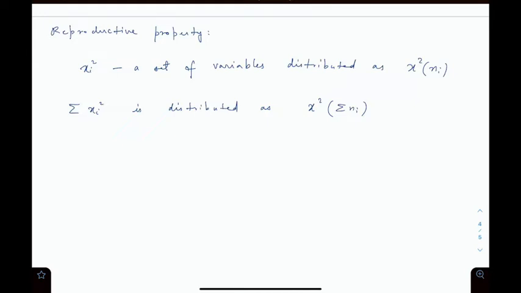And the variables chi 1 square and chi 2 square by definition are given like this.